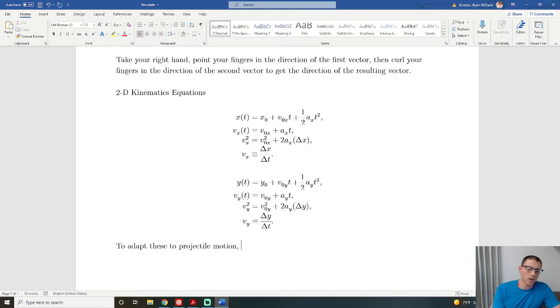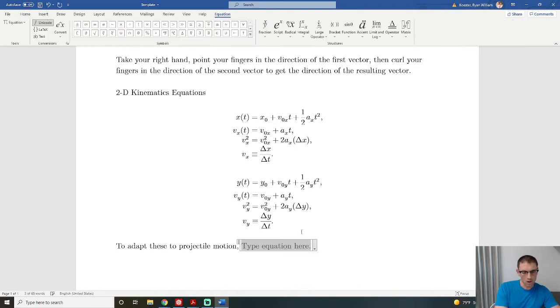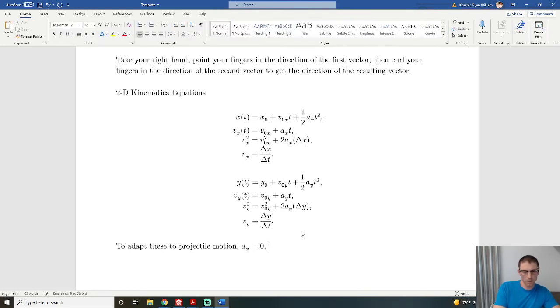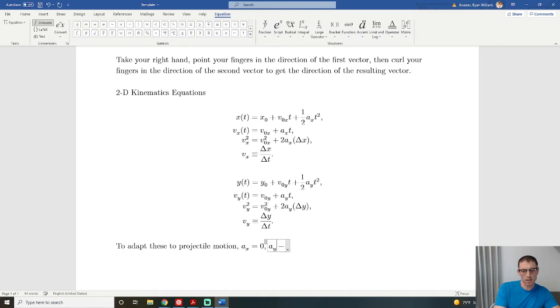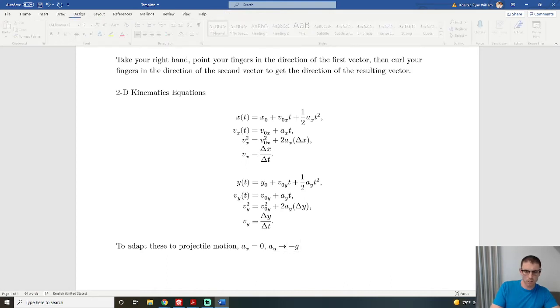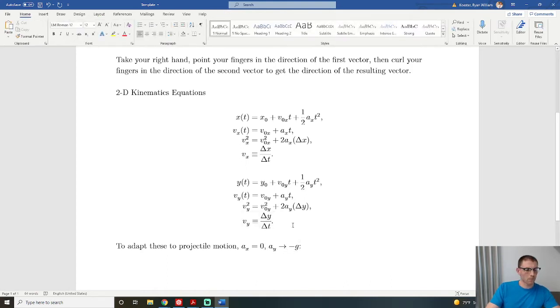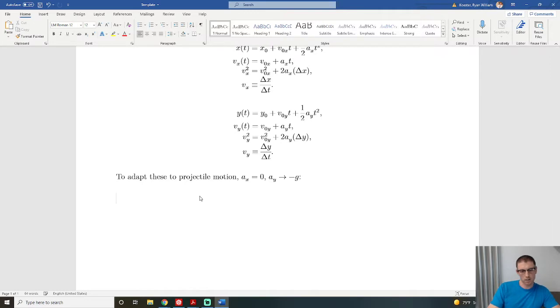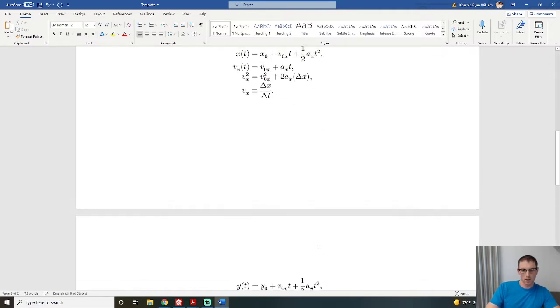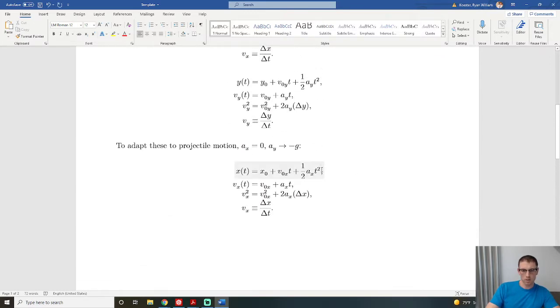And so let me just say we have a sub x equals 0, and a sub y goes to negative g. And yeah, that's how I would write it, and that's what I'll do when I express these.